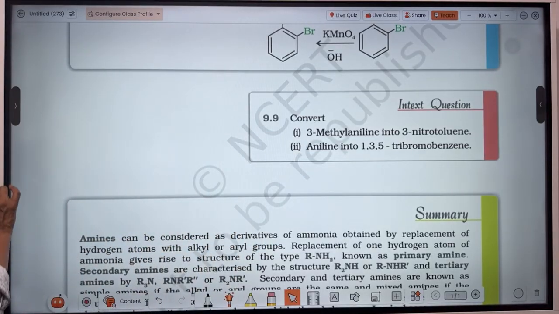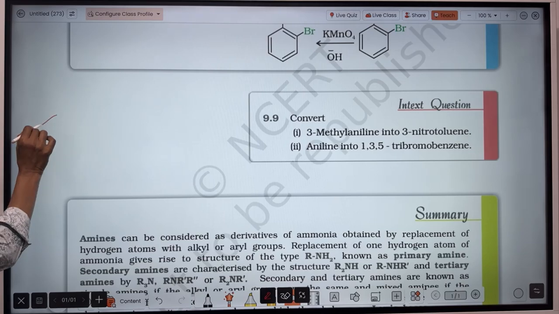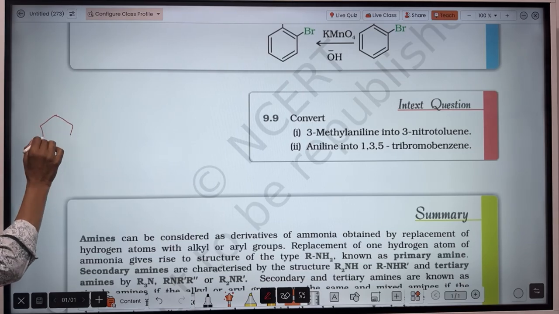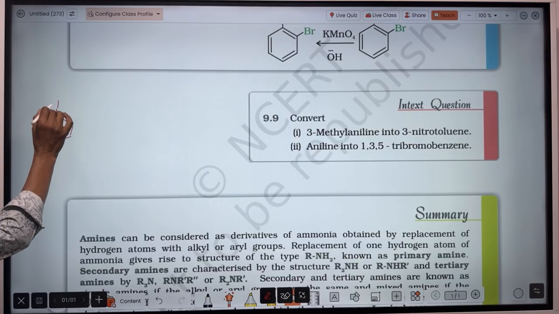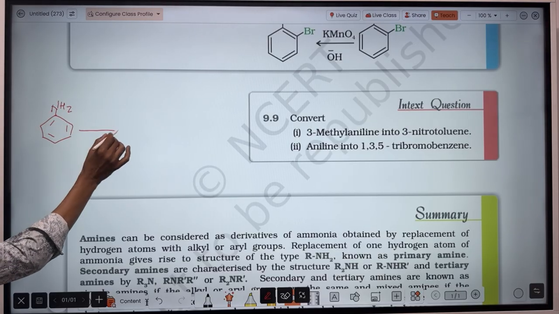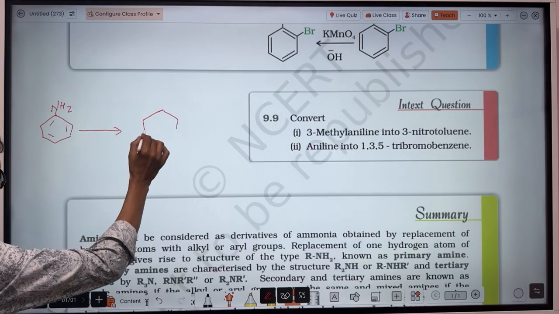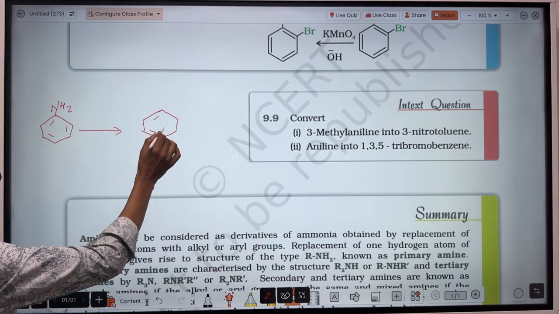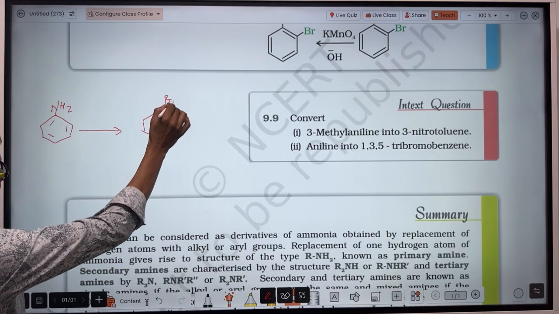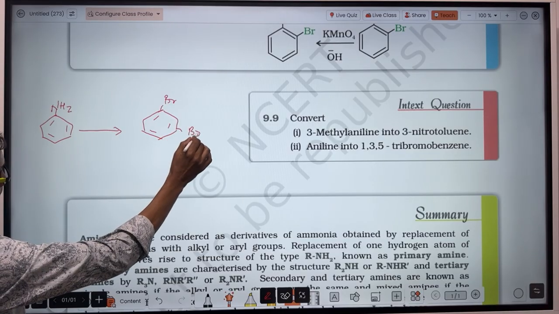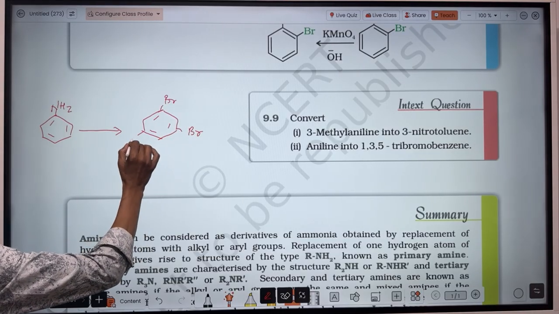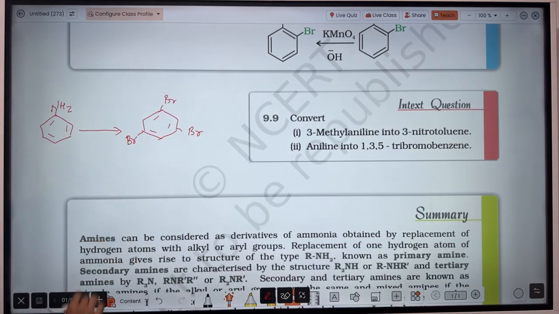Just do this reaction. Aniline here. This one you will have to prepare.